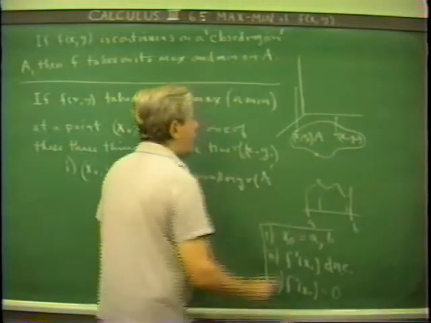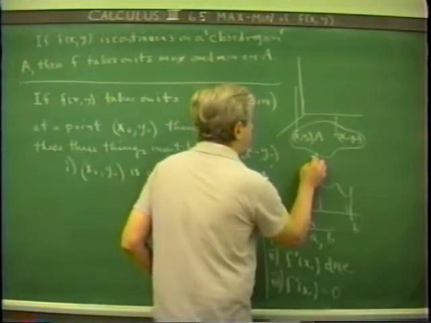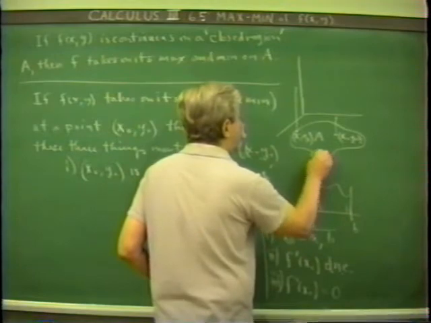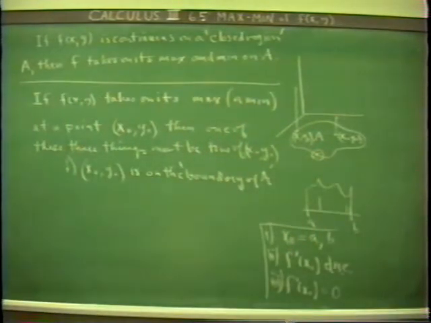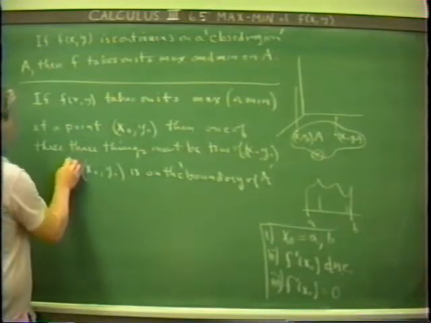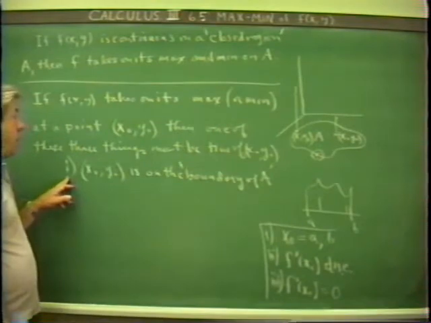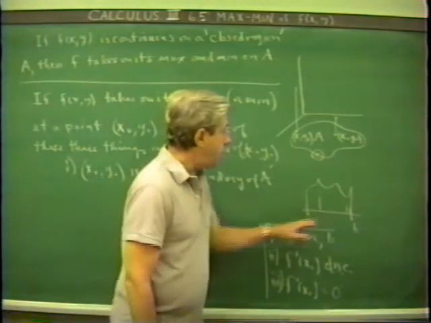By boundary of A, we mean a point in A such that in any disk containing that point, there are points of A in the disk, and there are points that are not in A in the disk. So one possibility is that the function takes on its maximum, let's say, on the boundary.